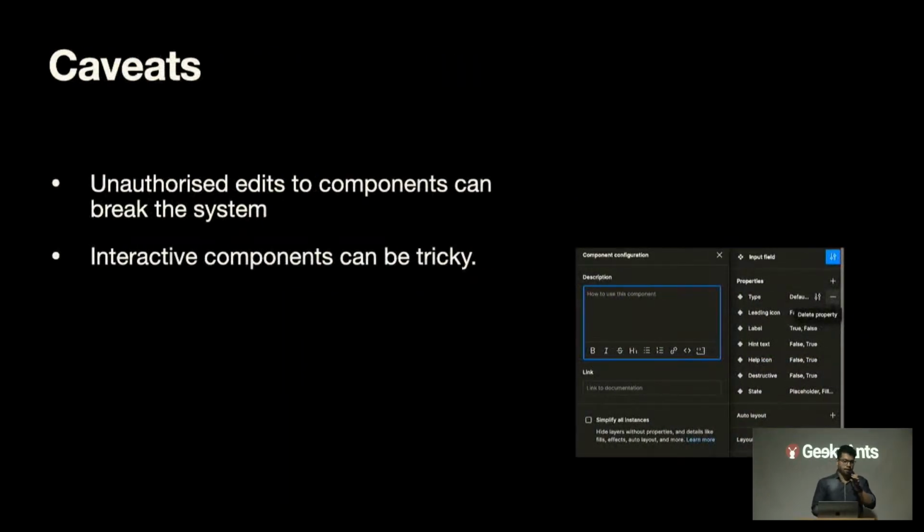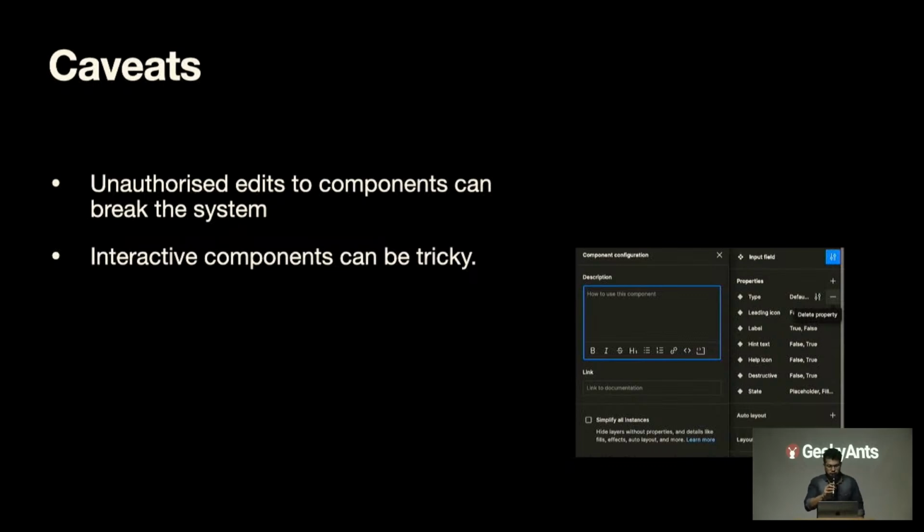Well, it goes without saying we should also acknowledge some of the shortcomings of the current system. The first and biggest shortcoming is that if a designer makes some unauthorized edits to the components, so if I, for instance, just change the name of the component, right? So I have breached that contract, which I share with the designer and my client.